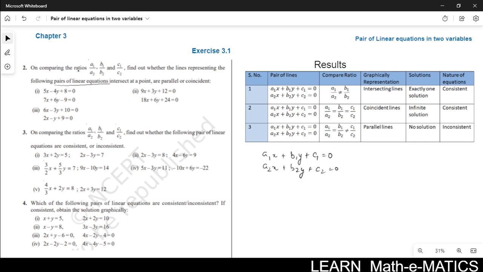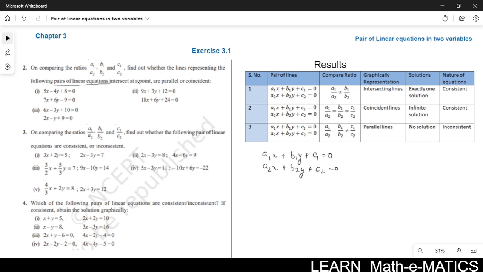So the question says compare the ratios a1 upon a2, b1 upon b2 and c1 upon c2. How to compare? Coefficient of x is a1, coefficient of y is b1, constant part is c1. Similarly in the second, coefficient of x is a2, coefficient of y is b2 and constant part is c2, right? So we will compare that and find the ratios.